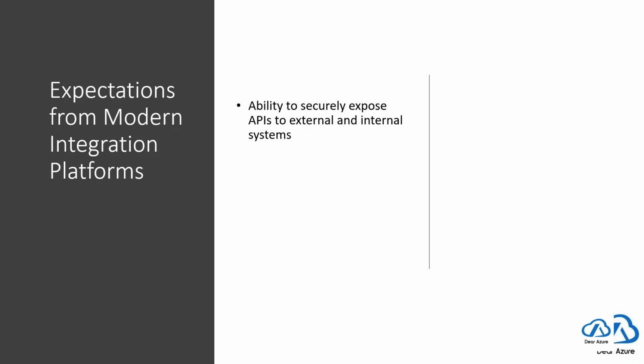These APIs can be HTTP-based REST APIs, or they can be gRPC or GraphQL types of APIs, but the modern integration platform needs to have a way so that the APIs that an organization develops can be shared with either its internal teams or the external ones in a secure manner.